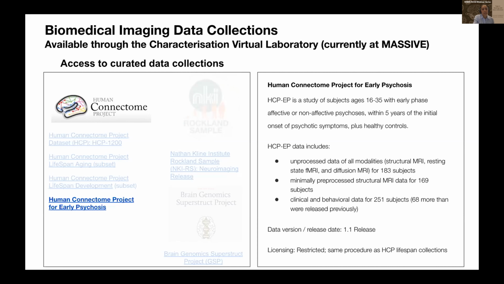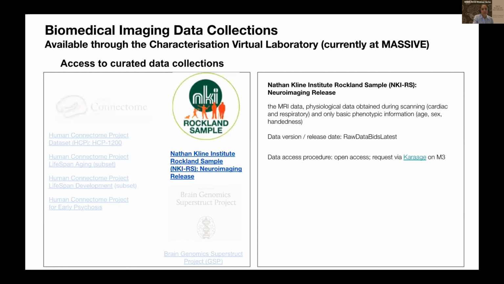There is also minimally preprocessed structural MRI available on most of these subjects, and clinical and behavioral data are also available. The good news is that if you have access to the lifespan data collections, you can use this data as well. It's again above 2 terabytes of data.